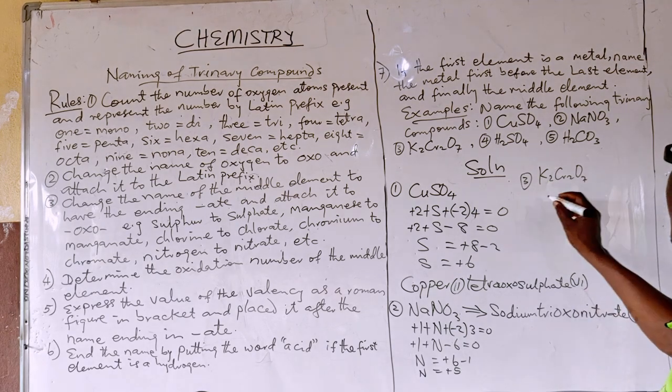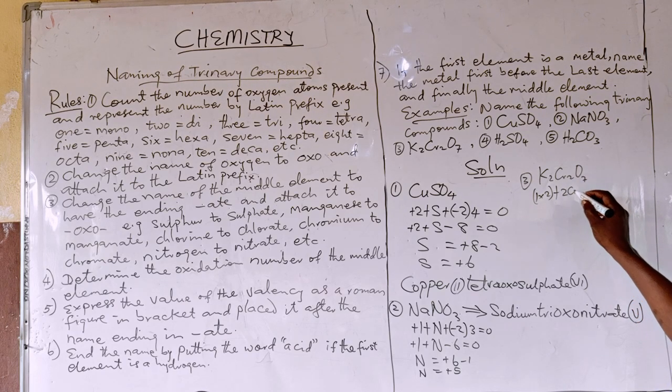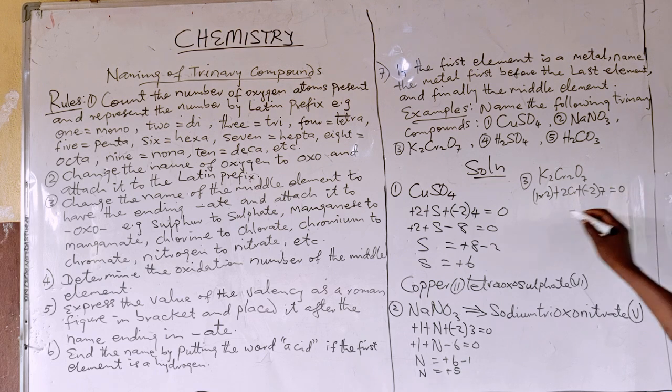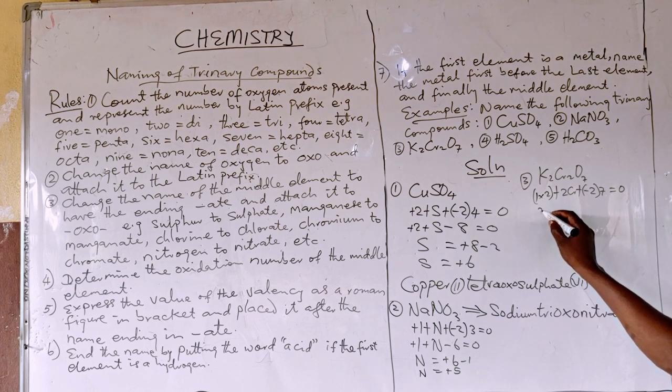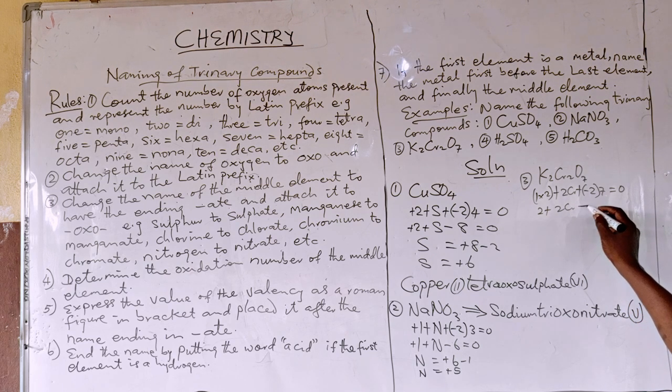So you now have 1 times 2 plus 2Cr, there are 2, plus minus 2 times 7, equate it to 0. This is 2 plus 2Cr minus 14, equate it to 0.